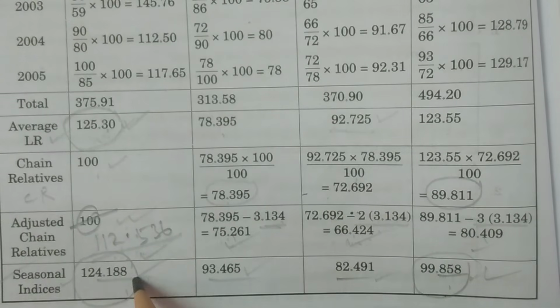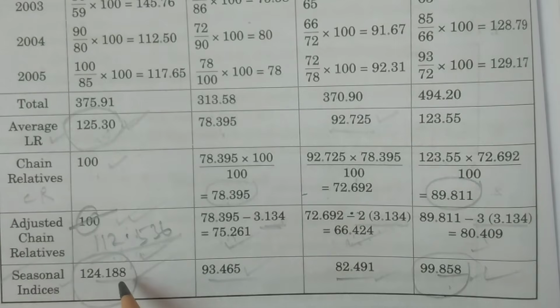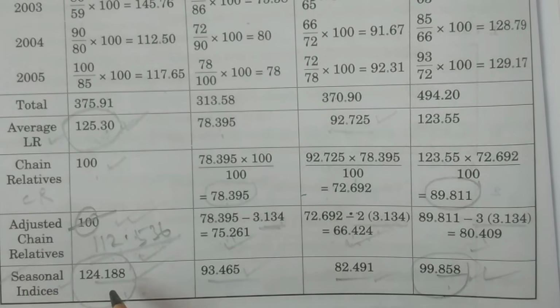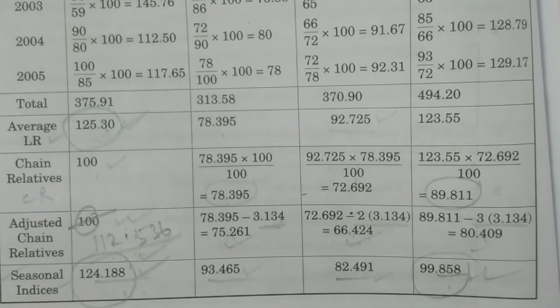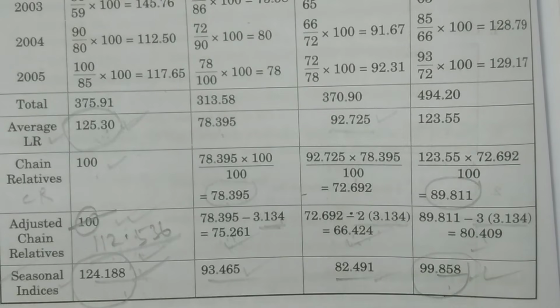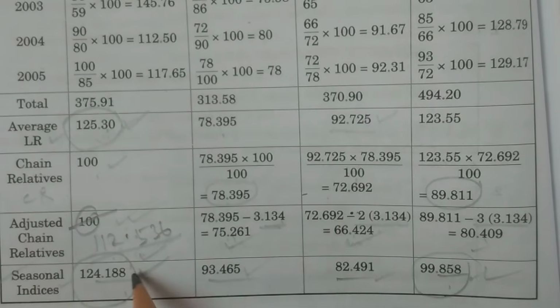In the first season, their sales, average production or profits will be more, 125%, about 24% more than in other seasons. So they have to concentrate on this particular season.